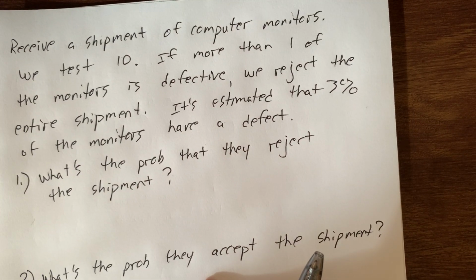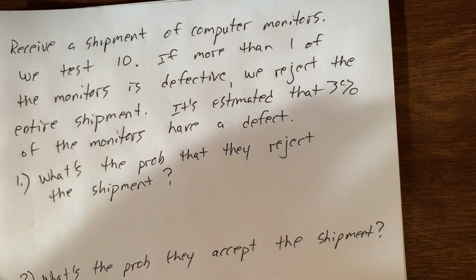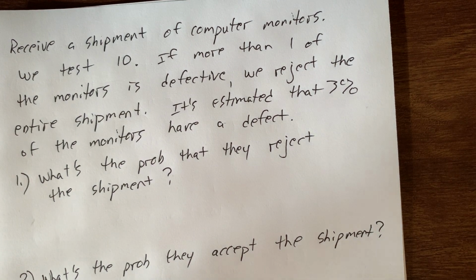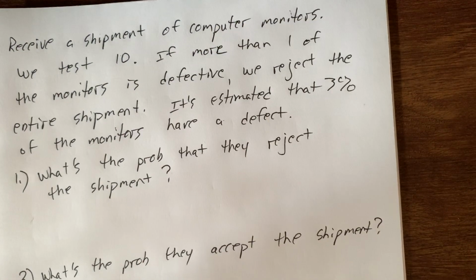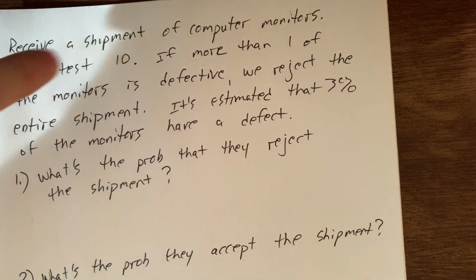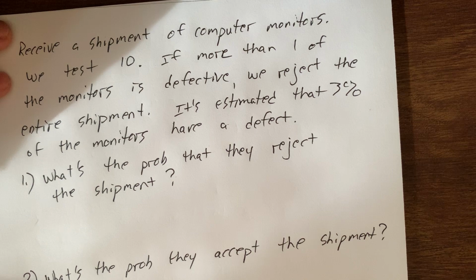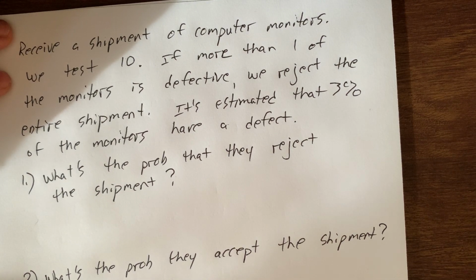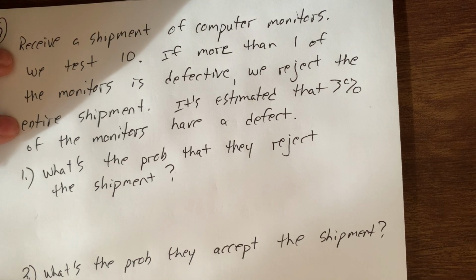How am I going to find this probability? Thinking about our experience, what do we know? We can realize that this is a binomial situation. We're testing a bunch of monitors. Every time we test a monitor, we're running a trial, and we're looking for defective computer monitors.